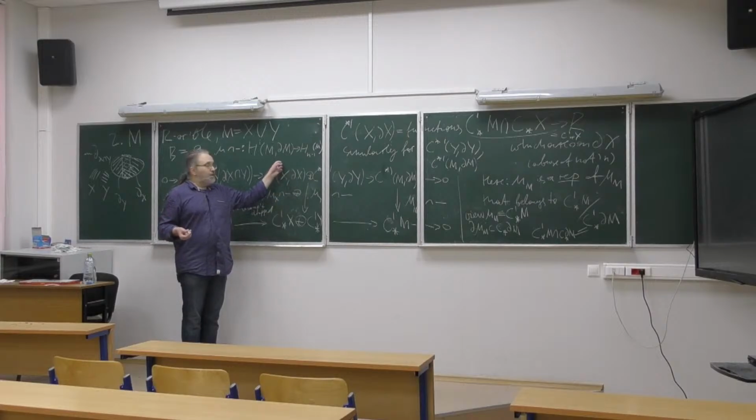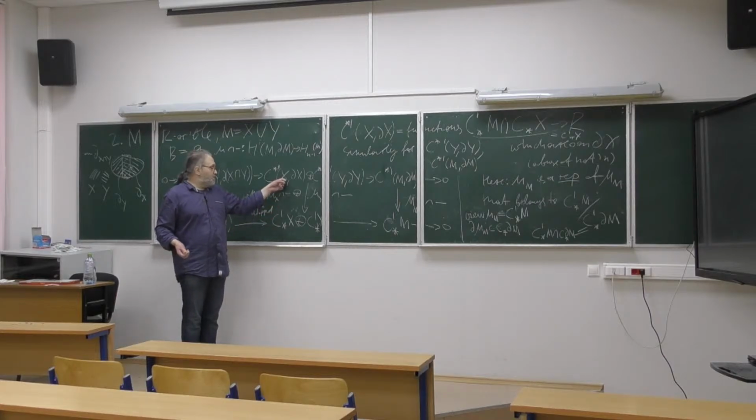In other words, if we erase prime, we get a complex which is quasi-isomorphic to this one. We need to check that if we erase the prime here, we also get a complex quasi-isomorphic to this one.